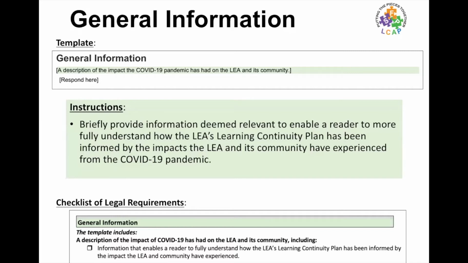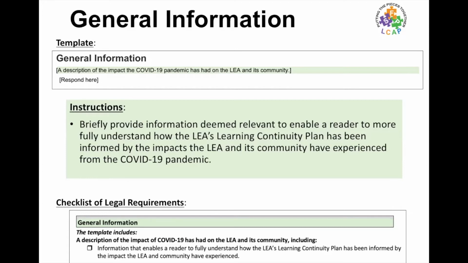So describing the impact on the LEA, your school, district, or charter school, but also what is the impact on the community? Many LEAs have administered surveys to assess needs of pupils and families. So think about what might have been some of those key findings. How did that inform the development of your plans? So this is basically the introduction to your plan.